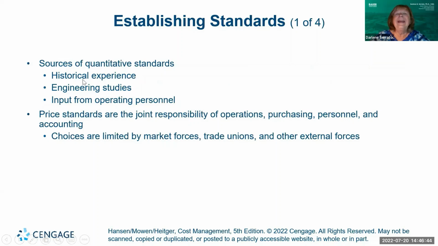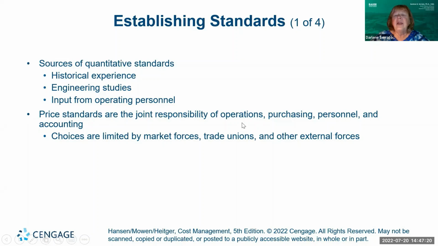Now, how do I establish a standard? For the quantity or usage standard, we'll use historical experience, engineering studies, and input from operating personnel. For the price standard, you have to work with the purchasing department, the personnel or human resources department, and operations.